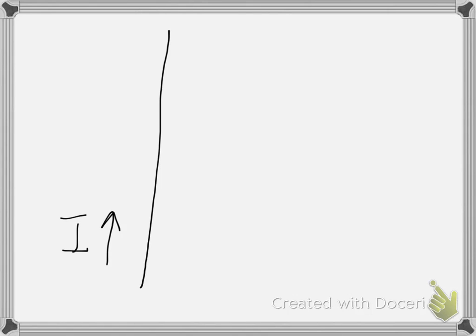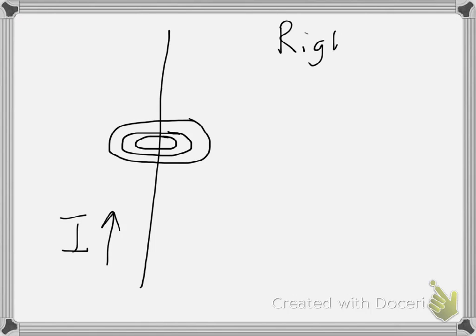So the magnetic field will wrap itself around the wire in concentric circles, and the direction of the magnetic field is indicated by the right hand rule, which says point your thumb in the direction of the current and then wrap your fingers around the wire.